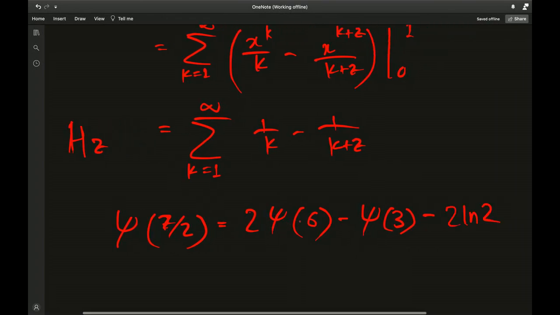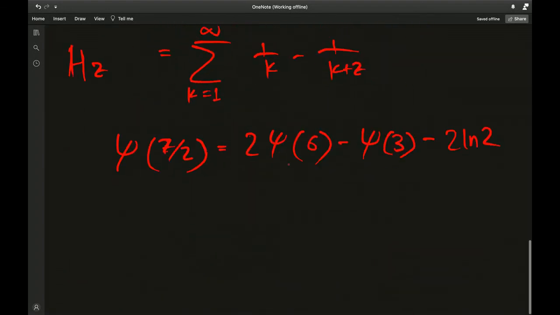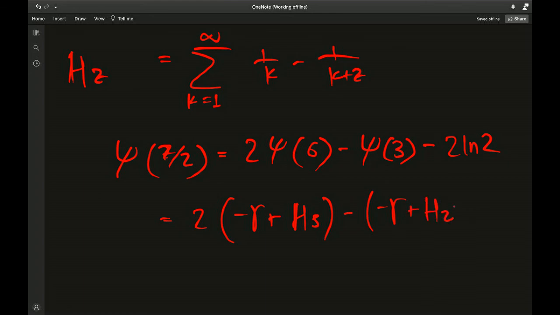Digamma of 6 and digamma of 3 can just be calculated because of this formula basically. So digamma of 6 will just be minus Euler-Mascheroni plus the 5th harmonic number, and this guy will be minus Euler-Mascheroni plus the 2nd harmonic number, minus 2 times natural log of 2.